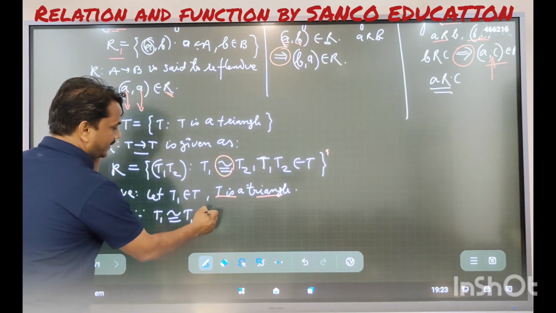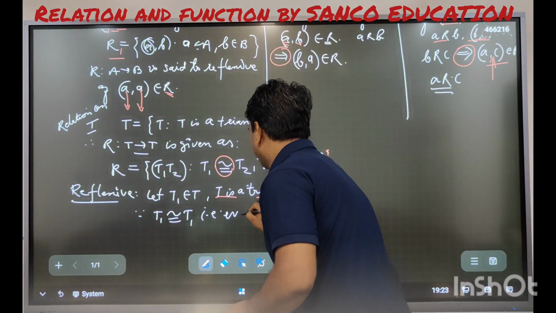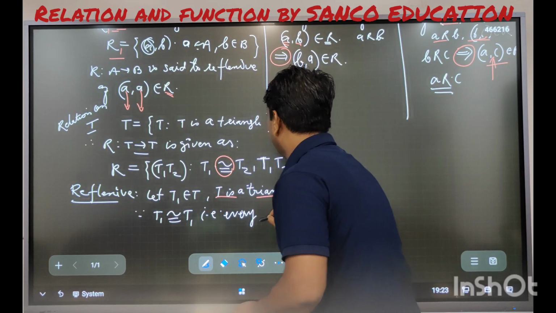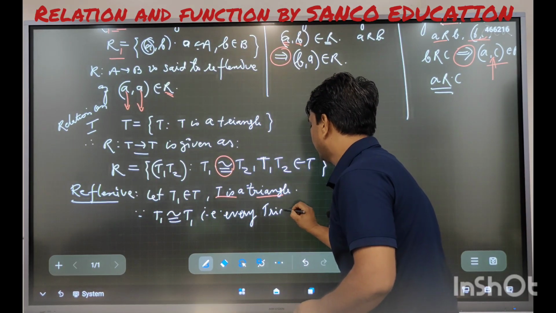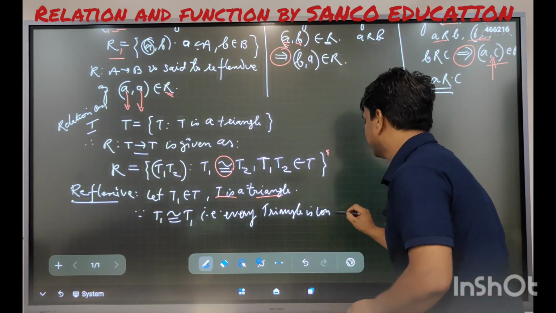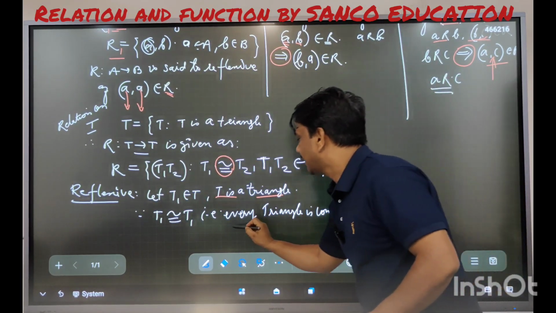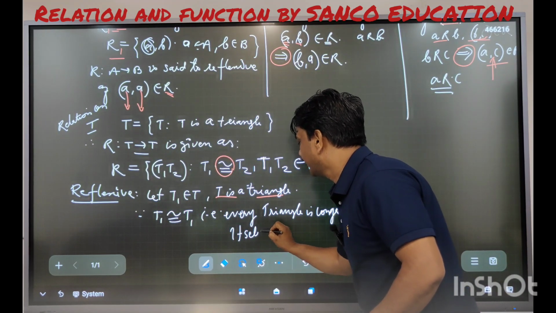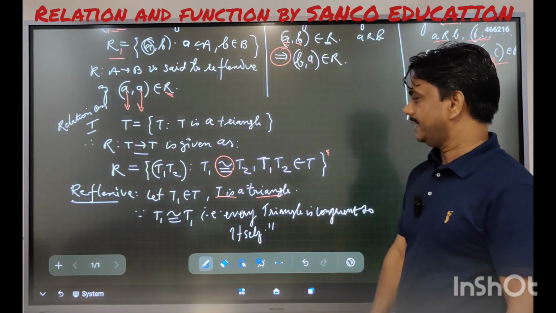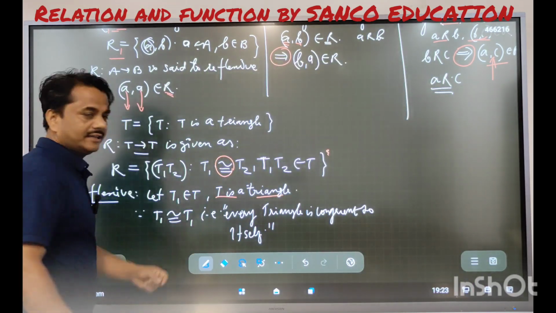In words, every triangle is congruent to itself. That's why T1 is congruent to T1, right?